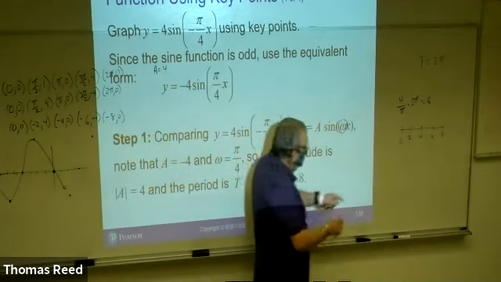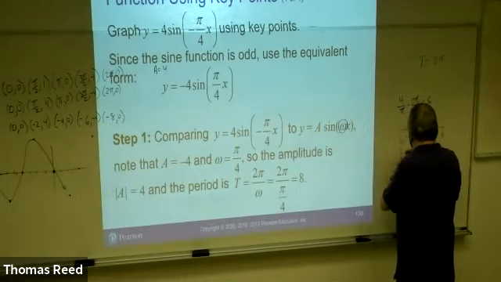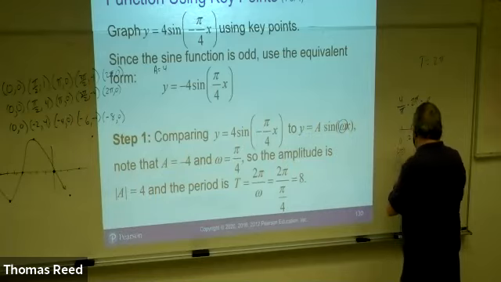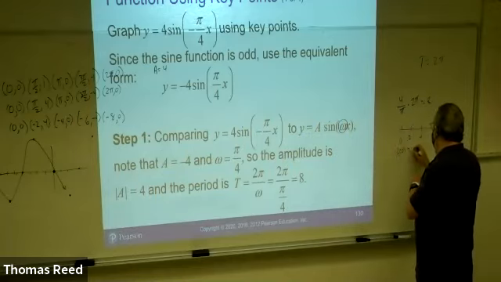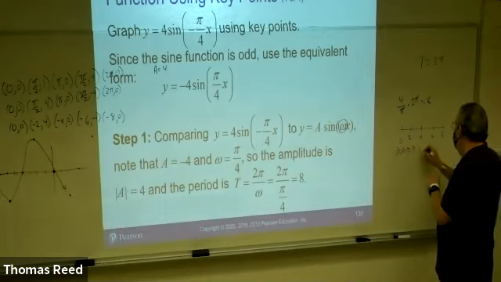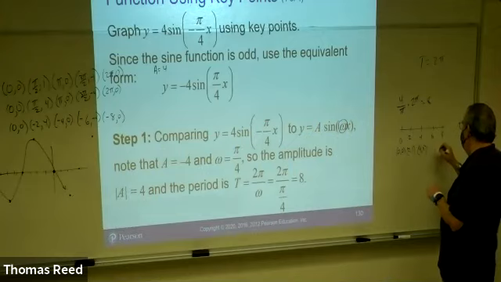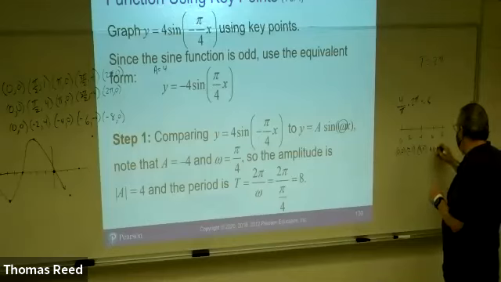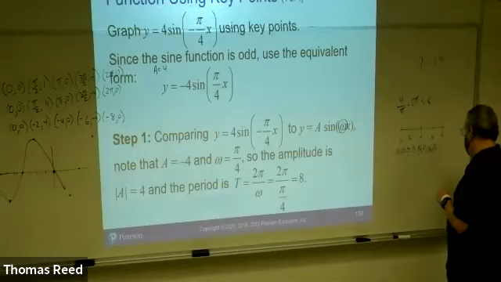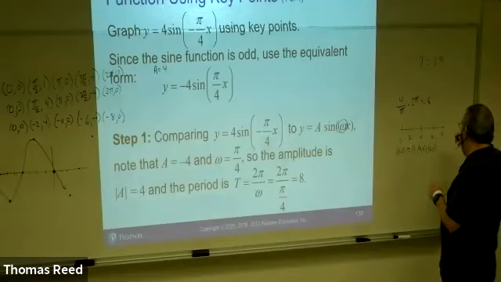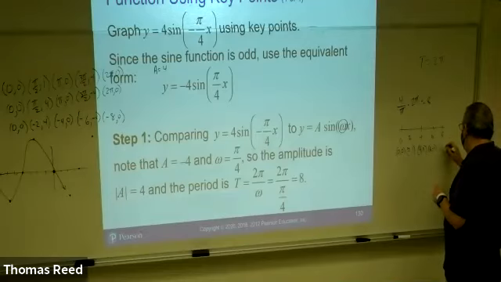So 0 is at 0, 0. And so 2 is going to be at 2, 1. And then 4 is going to be at 4, 0. And then 6 is going to be at 6, -1. Is that right? Yeah. And then 8 is going to be at 8, 0.